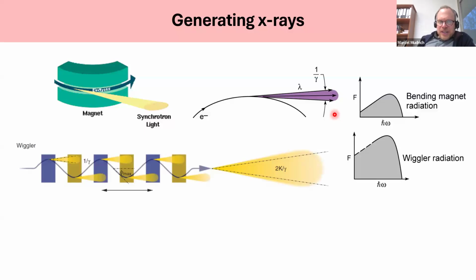A straightforward extension of this bending magnet concept is to put several of these magnets in a row to add up the radiation emitted in every magnetic bending section. This arrangement is called a wiggler.